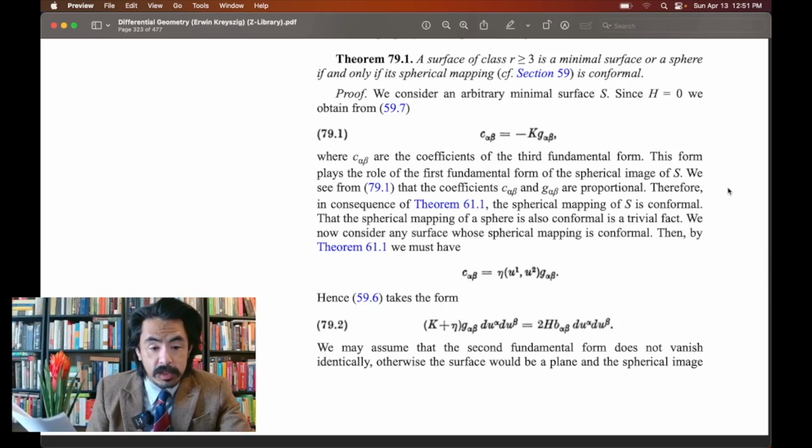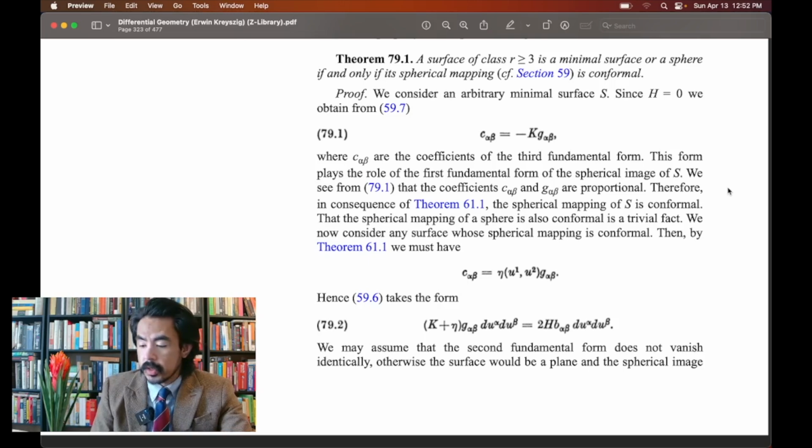We obtain from this C sub alpha beta equals negative capital K times G sub alpha beta, where, like I said, C sub alpha beta are the coefficients of the third fundamental form. This form plays the role of the first fundamental form of the spherical image of capital S. We see from the expression that I just read above that the coefficients C sub alpha beta and G sub alpha beta are proportional.